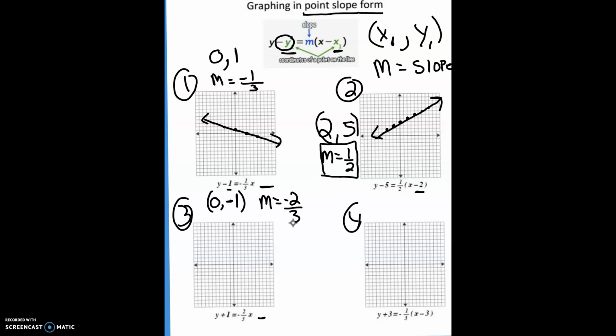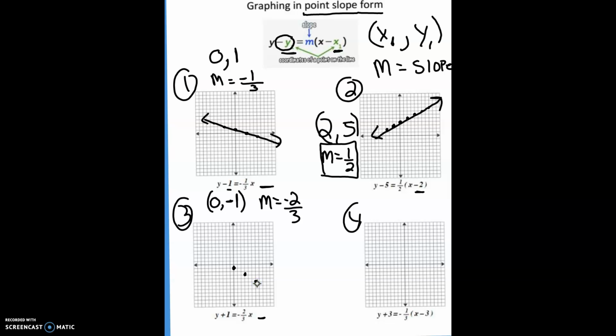And we'll get that started there. Okay, so I'm going to be at the y-intercept again. Again, you could start anywhere. And then you're going to go down 2, 1, 2 over 3, 1, 2, 3. Okay, so there's my point. Down 2 over 3.